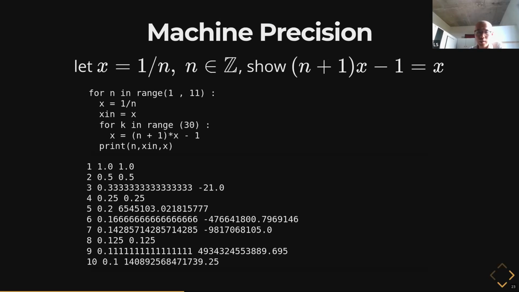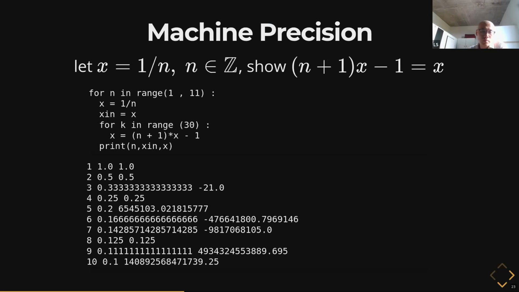This is the only equation I showed upstairs in the very beginning, and I think you all agree mathematically that's what it is. So over 30 times, I just rewrite the equation, which is mathematically correct. Then after the 30 loops, I print out n, which is the integer, x in, the initial x value, and the output x. That's the 3 columns you see here.